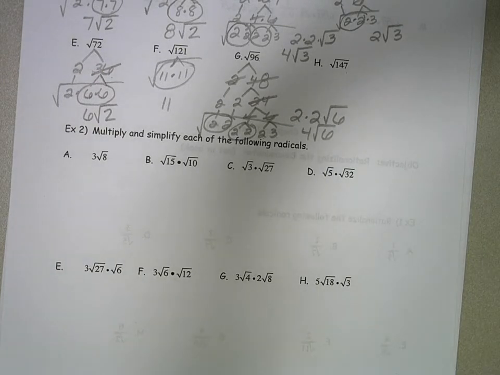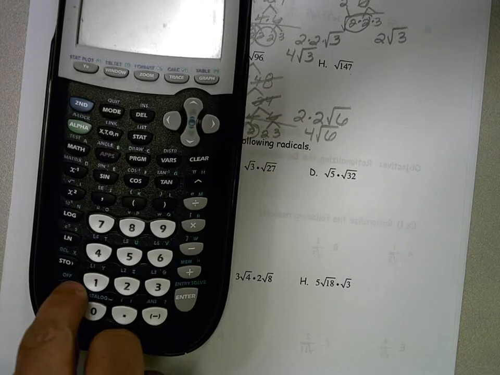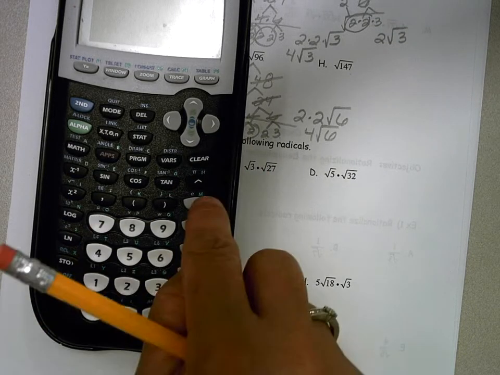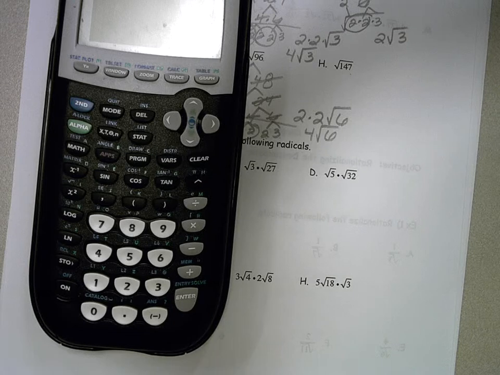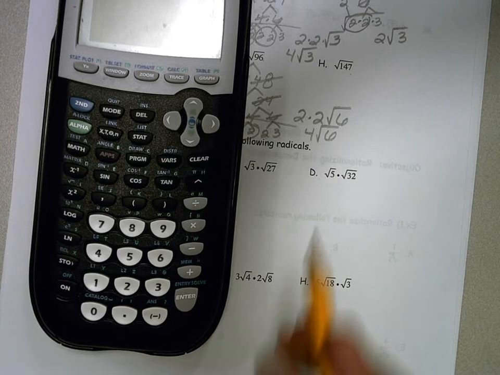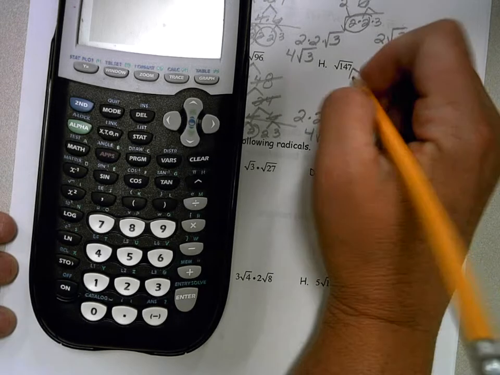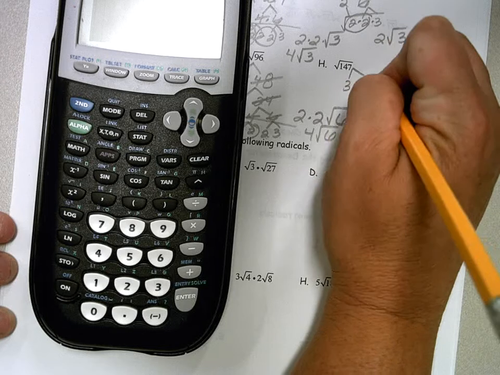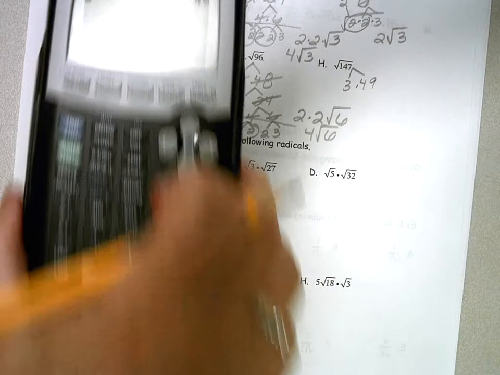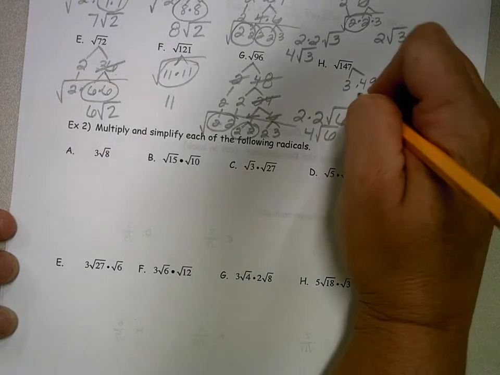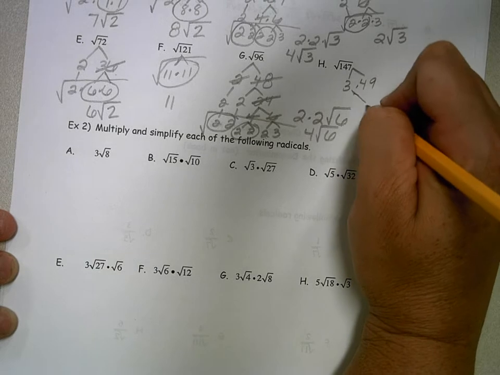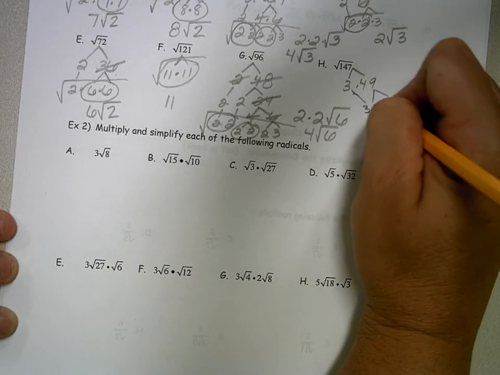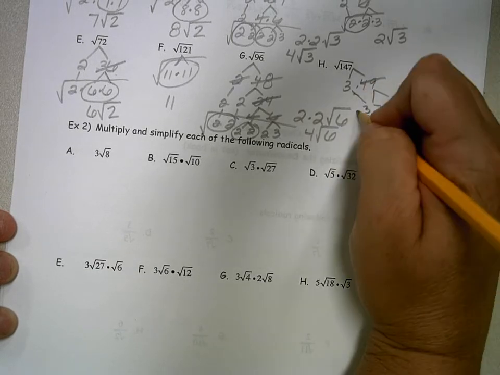147 doesn't end in an even number, so it's not even. I'm going to try to divide that by 3. And 147 becomes 3 times 49. 49 can be broken down into a 7 times 7.